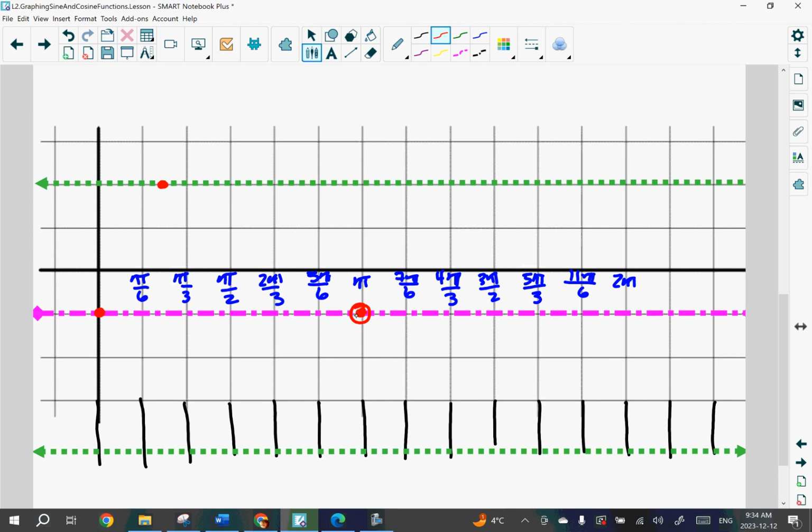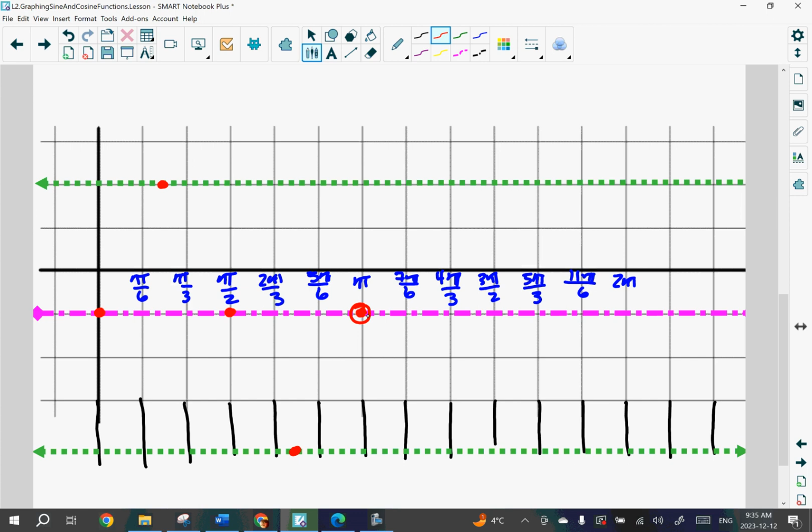Then that's going to be the end of it. Where's my second middle one? Half is going to be there. And then halfway between 1, 2, 3 boxes, I'm at 1.5, one box and a half. So now I've taken the graph and I have squashed it in half.